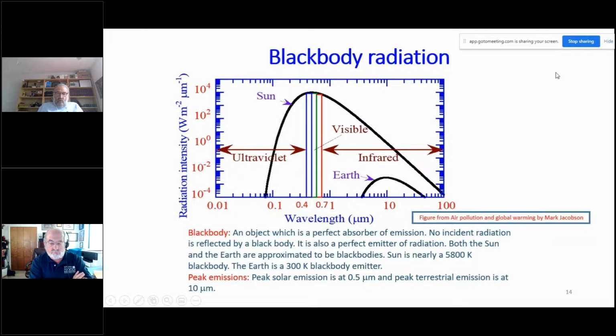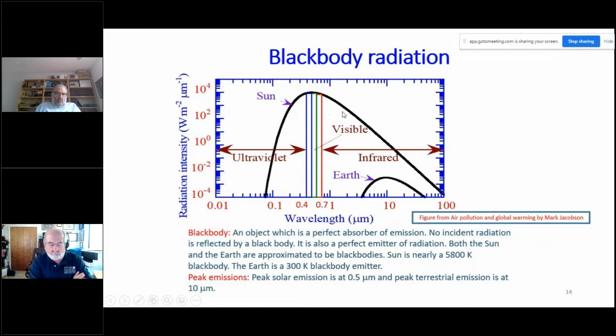Okay, so let's go to black body radiation. Black body is a perfect absorber and a perfect emitter of light, and it has this typical curve. It's a continuous curve that has a maximum, and so both sun and the earth could be approximated as being the black body.